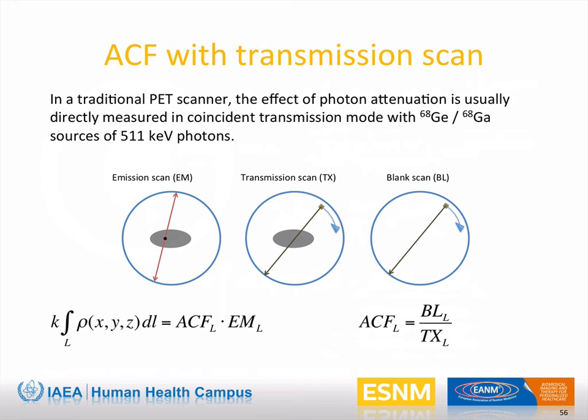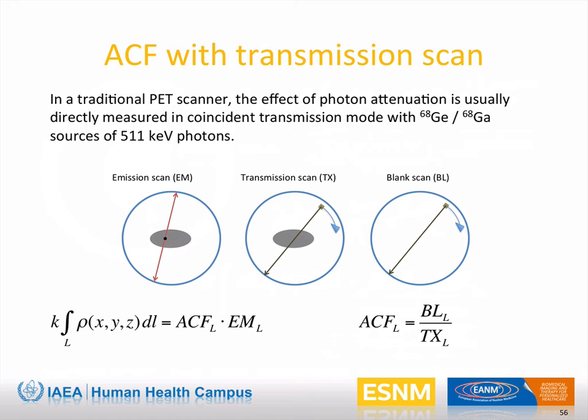A typical way to directly measure mu is the use of the so-called transmission scan method, that consists in measuring the attenuation of a gamma-ray beam along a certain line in the presence of the object.